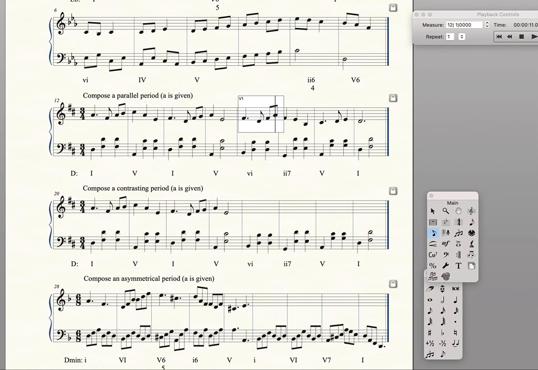Maybe it's not part of the chord, but so maybe this.